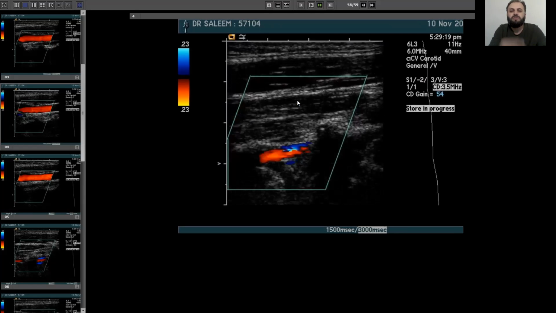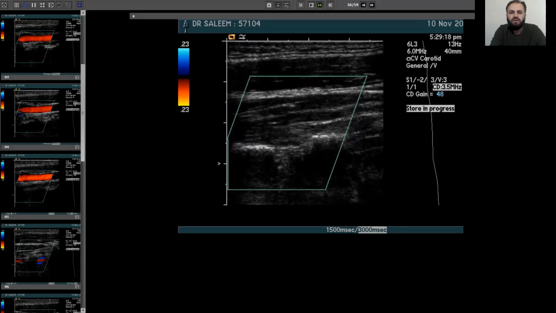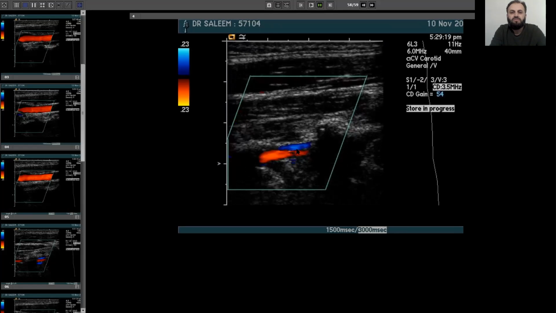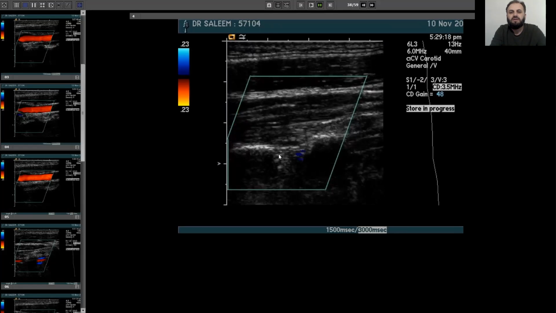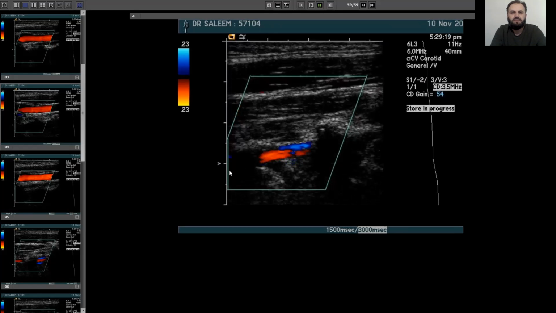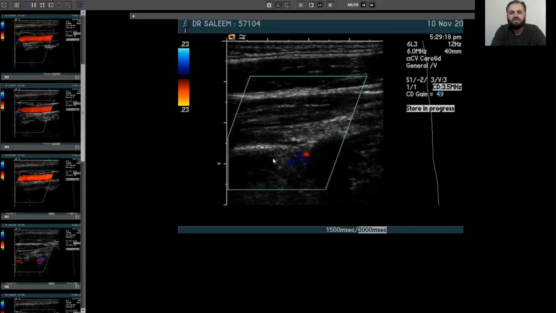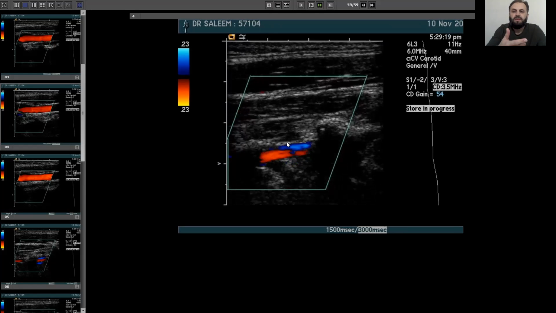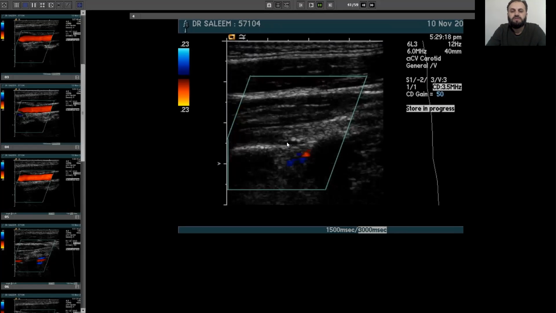We just compare these two colors. It's a red color, towards the sound flow, and the same thing we have here on our vertebral artery. On the bottom, these are the vertebrae, the shadows, and then we see a vertebral artery. The same color rules out subclavian steal syndrome.